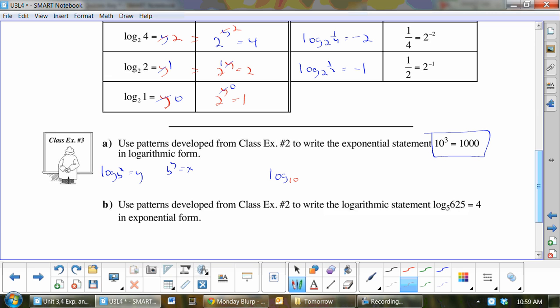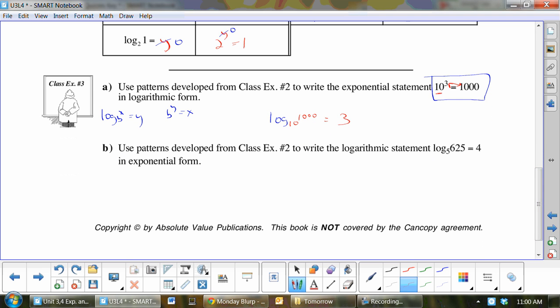Yeah, log 10, because the base stays as base, and the other two trade. Remember? Equals. And that's a correct statement. You may not know that right now, but once you get good at logs, you'll be able to go, yeah, that's right. Okay, next one. Let's get that into exponential form.